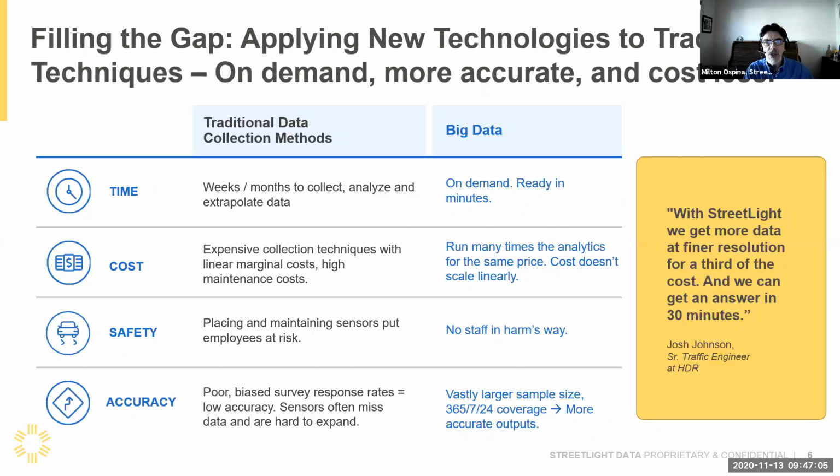So what we're trying to do is apply new technologies to traditional techniques and ways of collecting data. So on the left side, you see the traditional ways of collecting data, and a pros and cons and different things like that. As a big data company, we use machine learning algorithms to analyze the data that we're collecting, those 40 billion pings of data, turning them into 1.5 billion trips.